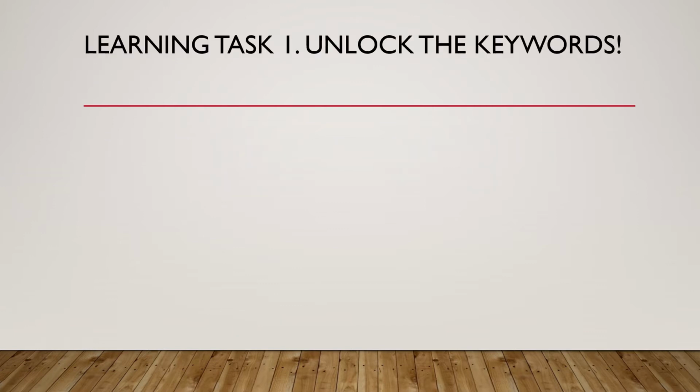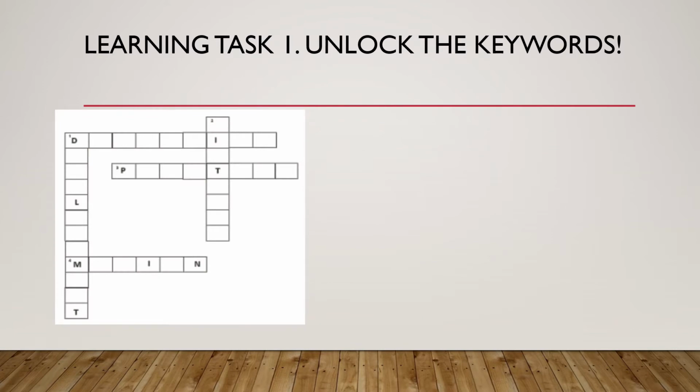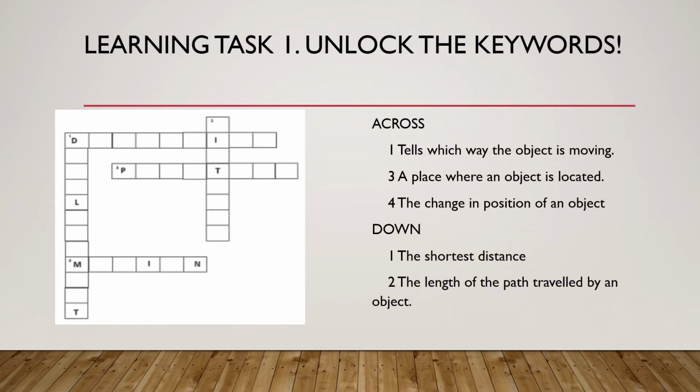So for your learning task 1, unlock the keywords. We have here a crossword puzzle. So you will solve the crossword puzzle. We have 4 questions, 3 across and 2 downs. Across 1 tells which way the object is moving.